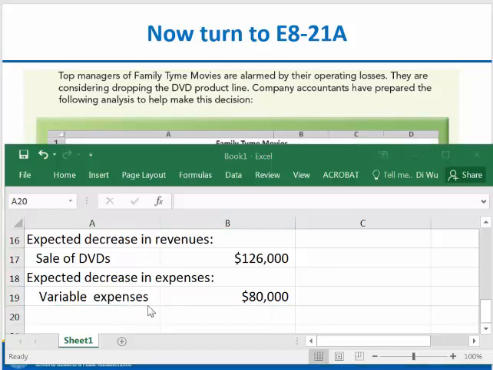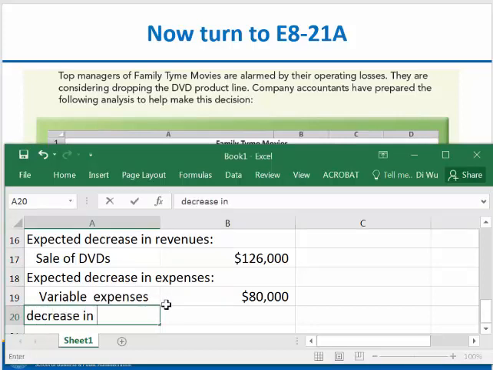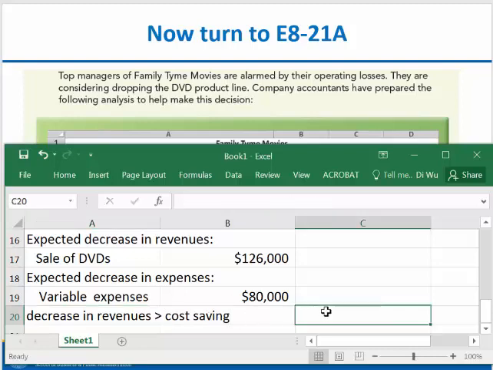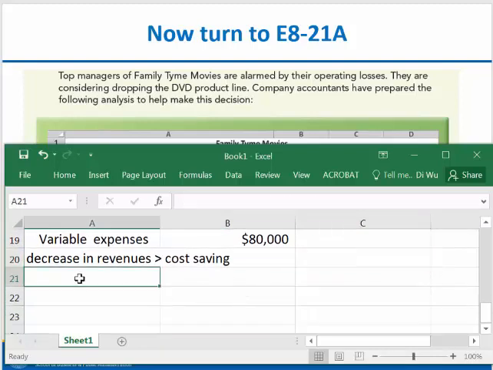Next, when you have an expected decrease in revenues, you lose money. And when you have an expected decrease in expenses, you save money, 80,000. Overall, you still lose money because the decrease in revenues is bigger than the cost saving.